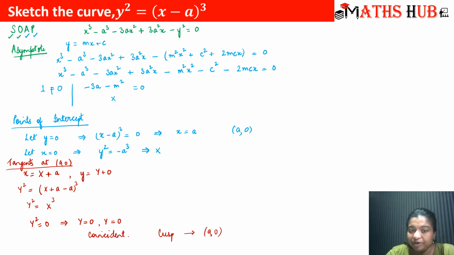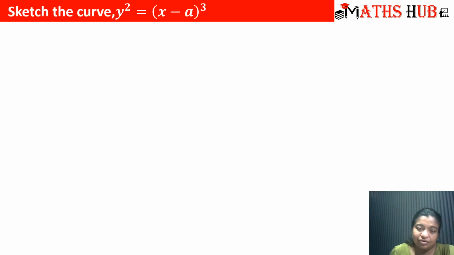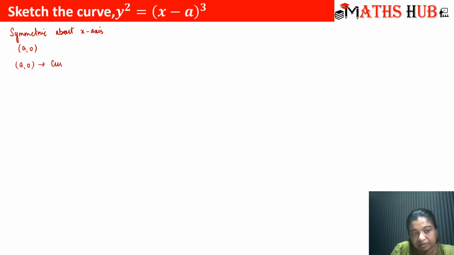So now how to trace the curve? So we got a point of symmetry, symmetric about x-axis. Then we saw it doesn't pass through the origin, it passes through the point a comma 0. And then the point a comma 0 is also acting as a cusp, right? So how will the curve look like?